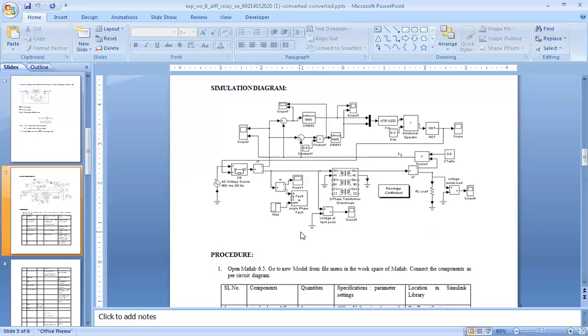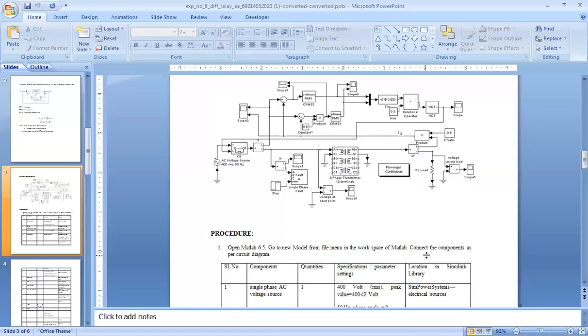So in this way, for any fault resistance, we have to run this circuit and check at which point, at the operating time, if it is satisfied, then obviously this circuit breaker will open. And we have to note when it is activated and when the circuit breaker is opened.